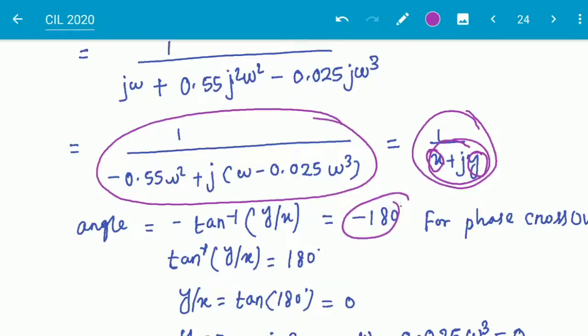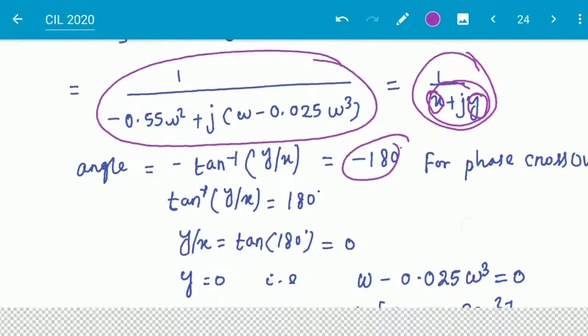First, for the phase crossover frequency we have to equate this angle to minus 180, because the phase crossover frequency is where the phase of the system crosses the minus 180 degree line.